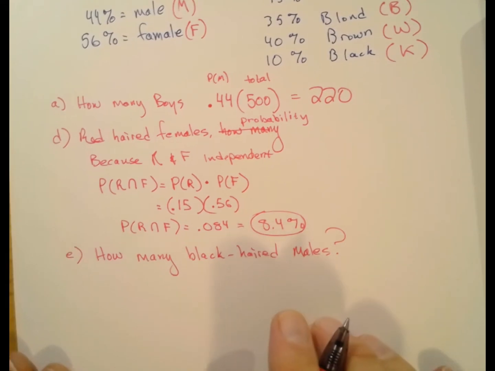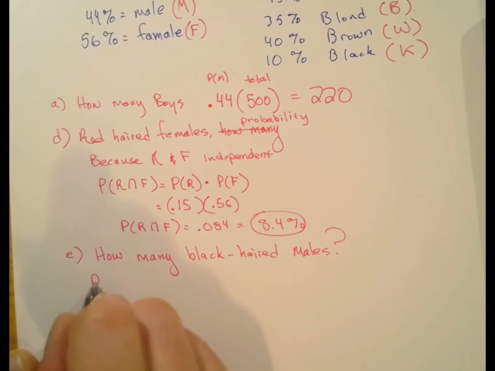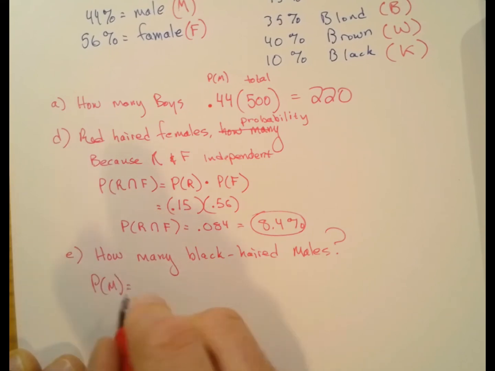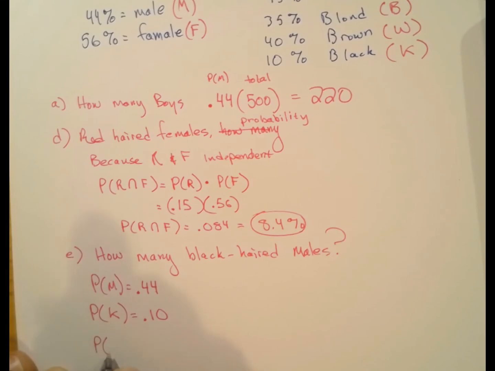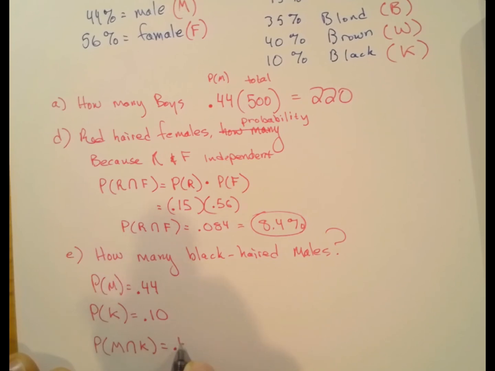Okay, so what we're going to do is take the probability of being male, which is 44%, the probability of being black-haired, which is 10%. Okay, these guys are independent, so the probability of being male and black-haired is going to be the product of the two of these.